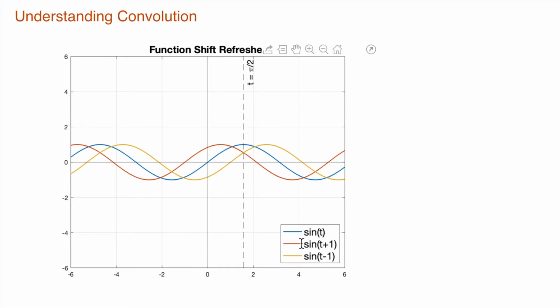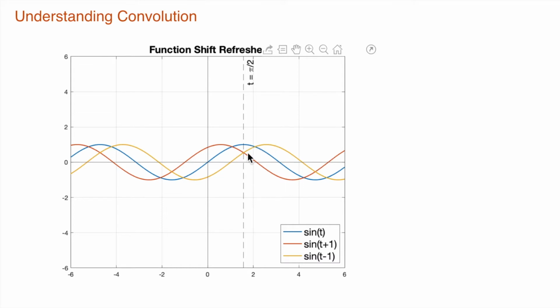And if you look at the orange line, sine t plus 1, what that does, it shifts the sine wave to the left. And that should be quite intuitive now. That should be quite easy to grasp. If we have sine t minus 1, we move the sine wave to the right. You can see the yellow wave has been moved by 1 second to the right.